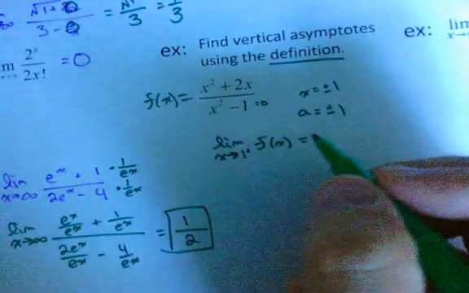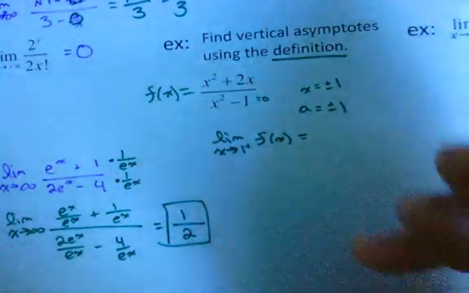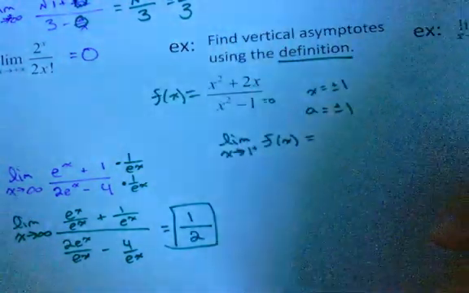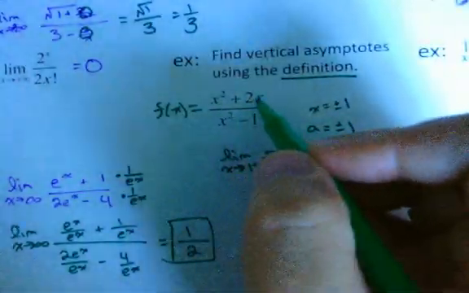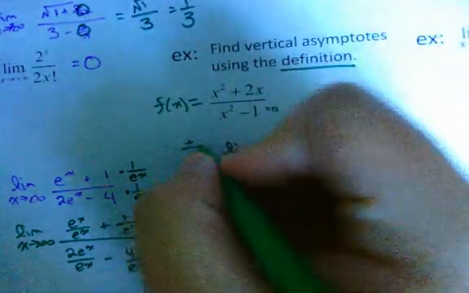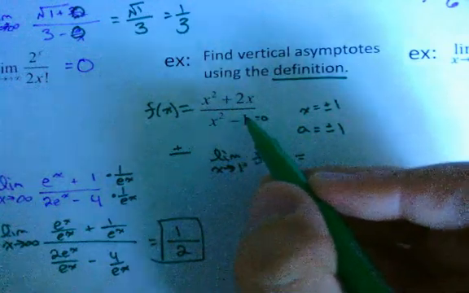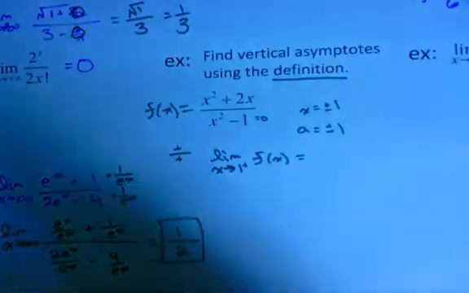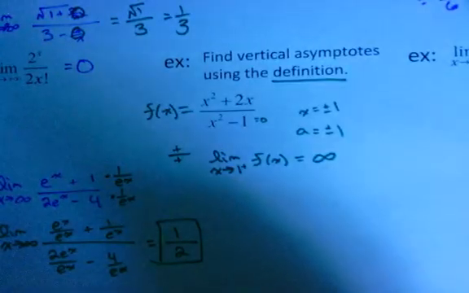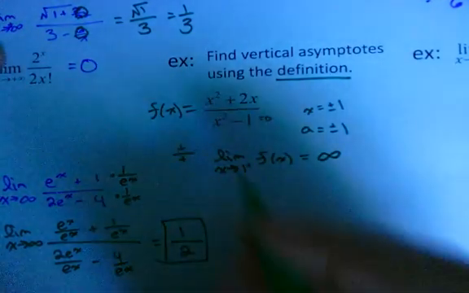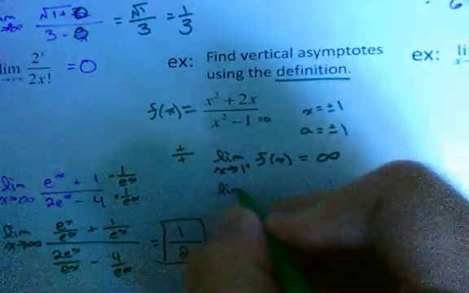So I can't have something over 0, so the answer is either undefined or positive infinity or negative infinity. So if you just plug in a 1.1, you're going to get 1.1 squared plus 2 times 1.1, which is positive, divided by 1.1 squared, which is a little bit bigger than 1, so I get positive on the bottom. So positive divided by positive is positive infinity. So I'm good. I just did a equals 1.